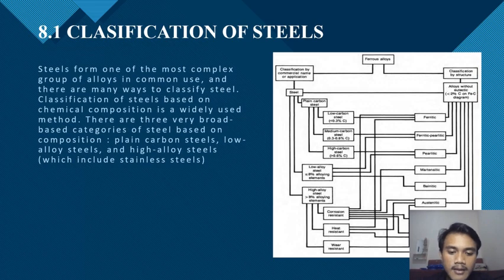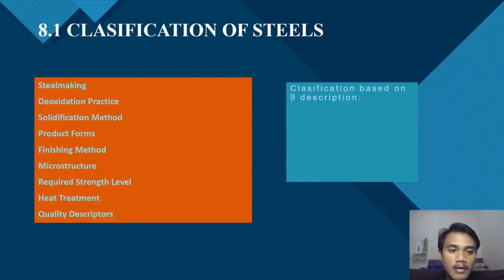However, it is important to point out that steels are classified in many other ways too. For example, classification may be based on the steelmaking method, such as open hearth, basic oxygen process, or electric furnace method.